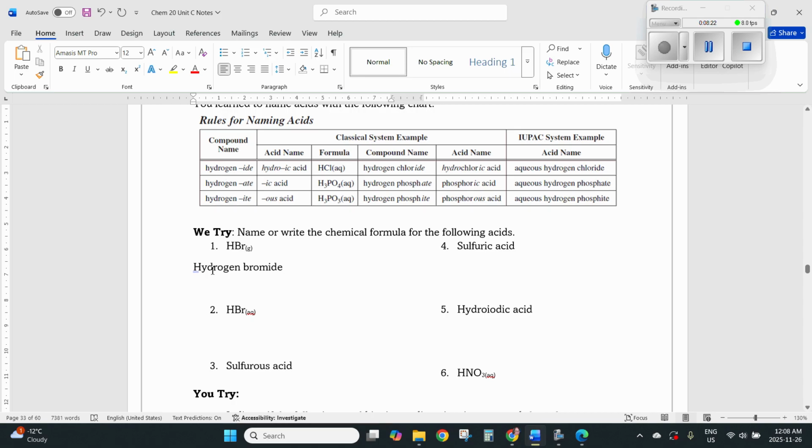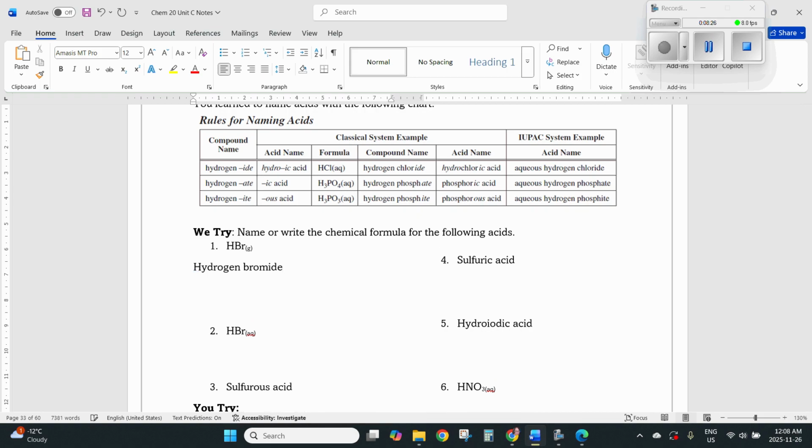So you're going to get rid of the hydrogen, cross it off, and put hydro. You're going to get rid of the IDE and put ic acid and smush it all together. So now I have hydrogen bromic acid. Sorry, hydrobromic acid. Again, it's 12 a.m.